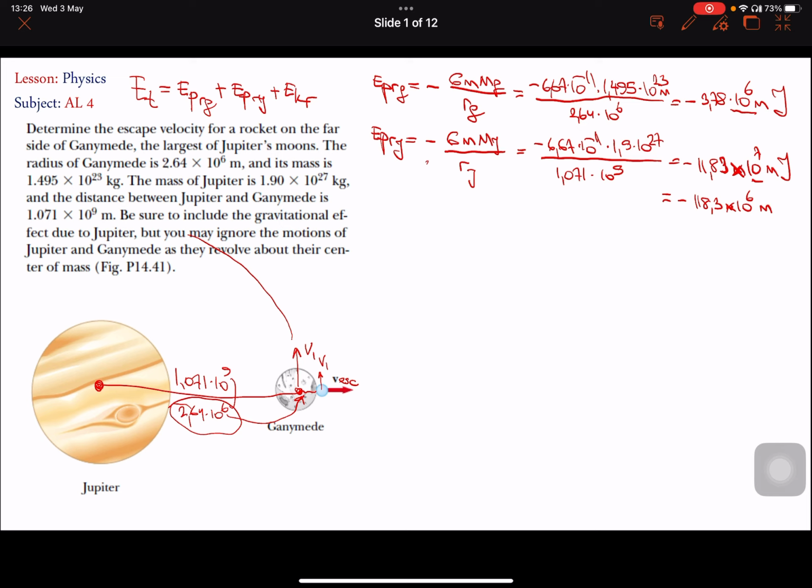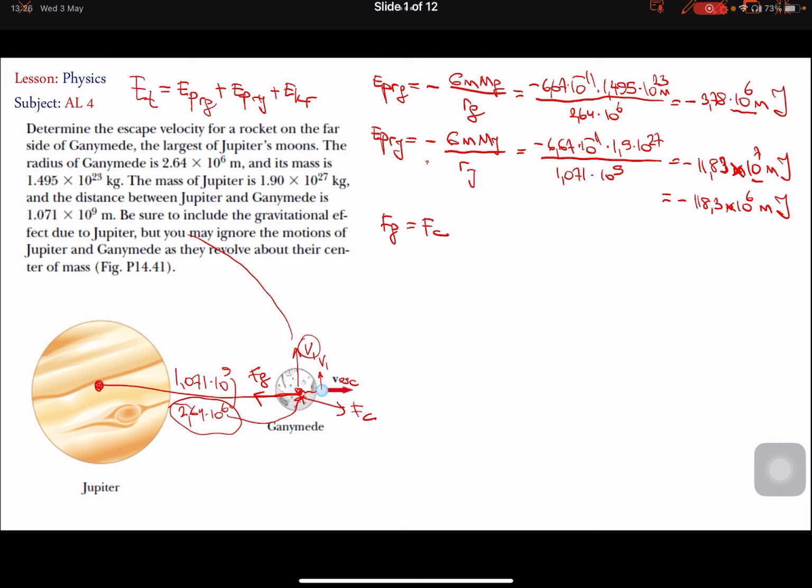Now, in order to find the kinetic energy, I have to find the speed here. In order to find the speed, I have to use the relation between the centripetal force applied to Ganymede and the universal gravitational force that's attracting it. So they are equal: the gravitational force equals the centripetal force.